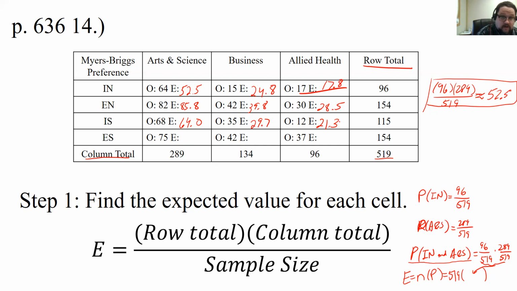Okay, 289 times 154 divided by 519, 85.8.